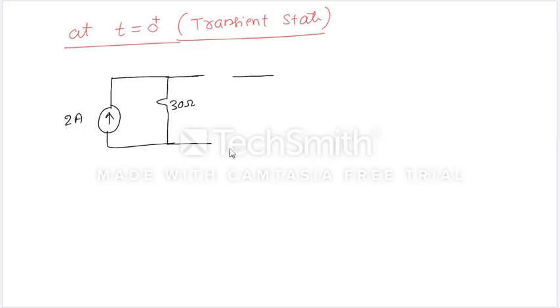And here we have an inductor. How will this inductor behave in the transient state? The inductor will behave as an open circuit now. But what is the equivalent circuit of an inductor?